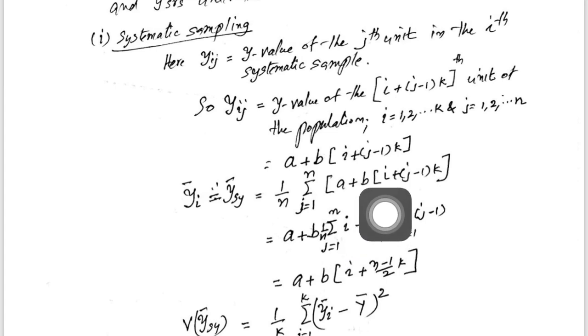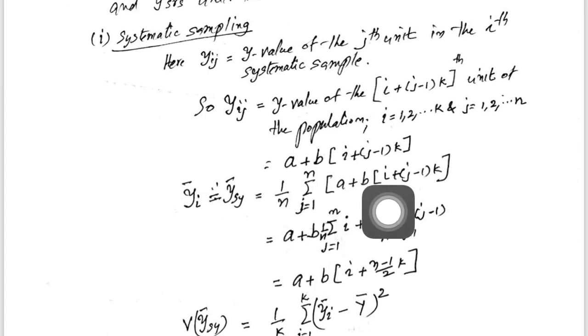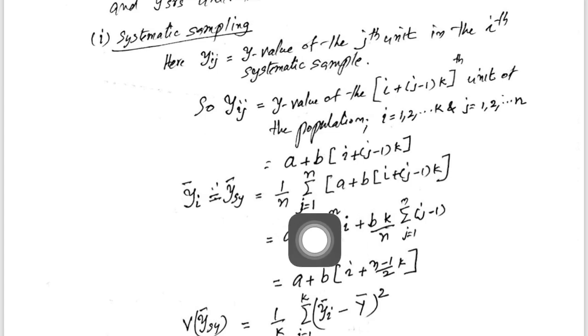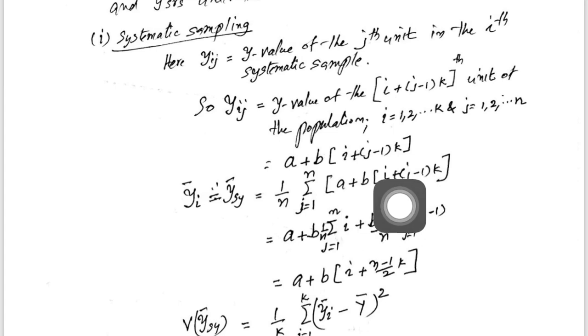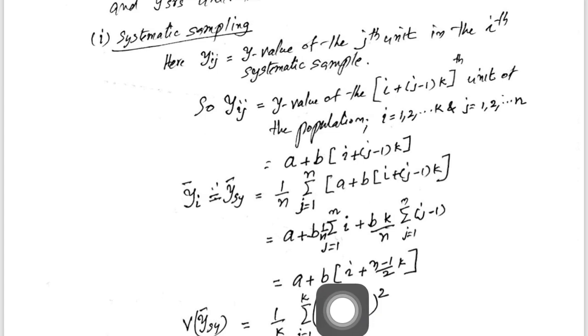Then you take b outside: 1/n into the sum over j equal to 1 to n of i, that is n times i. So you get b times 1/n times n times i, that is why you have a + b i.